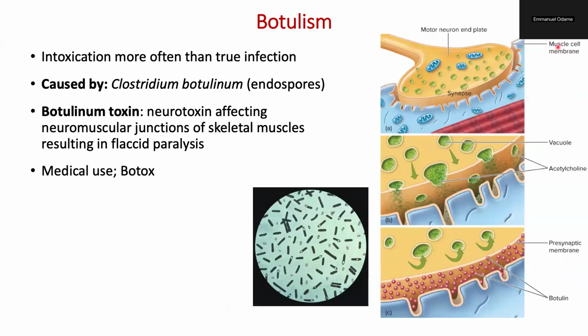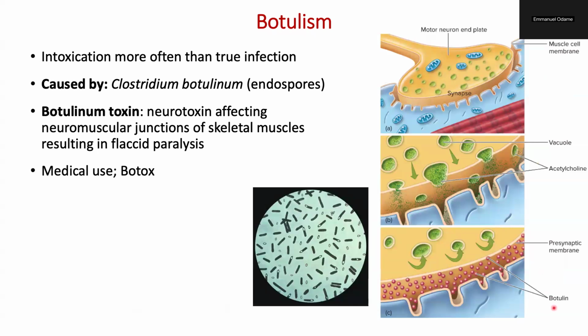Now you have your muscle and your motor neuron end plate, where you have your motor neurons, which live closer to your muscles here. Then you have vesicles present in that area, and they have to release acetylcholine, which bleeds into your muscles and causes the contractions.